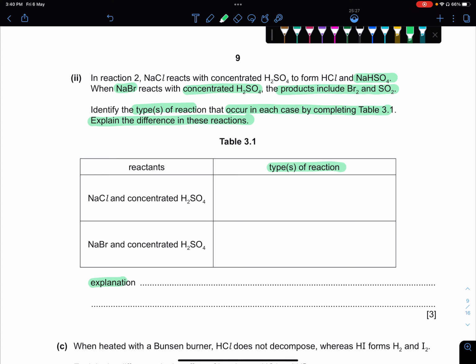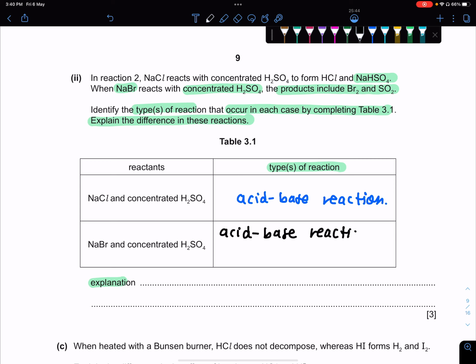For NaCl and H2SO4, these reactions are a typical acid base reaction. For NaBr and H2SO4, it is to some extent an acid-base reaction, and to some extent a redox reaction.